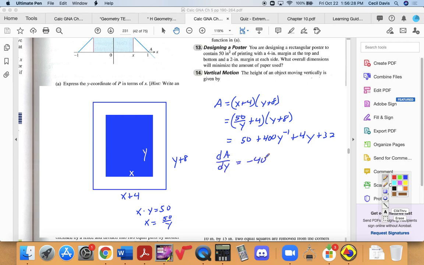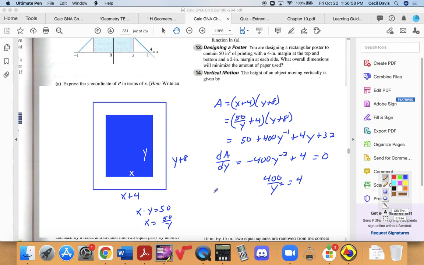So negative 400y to the negative 2 plus 4. Set that equal to 0. We'll have 400 over y squared is equal to 4. But we got y was 18 last time. Oh, because this is 18.